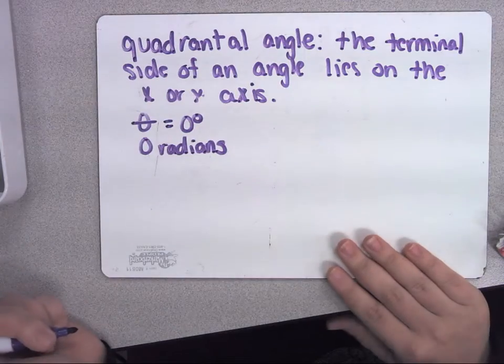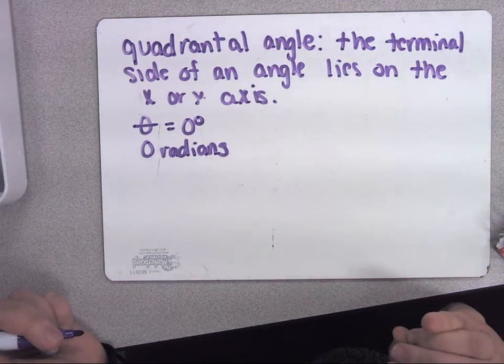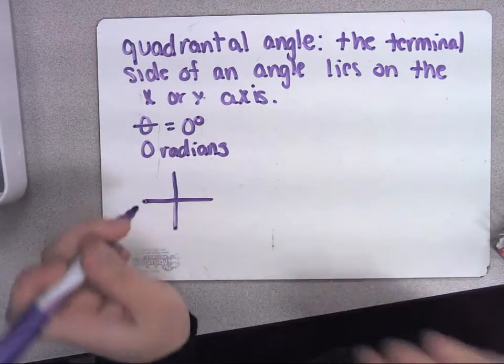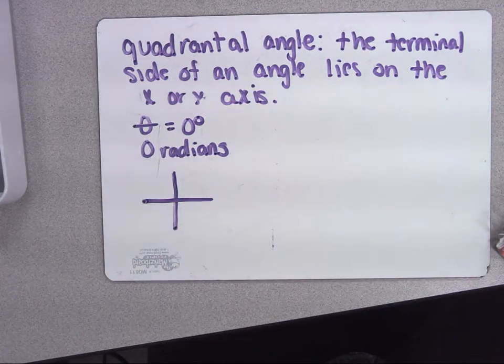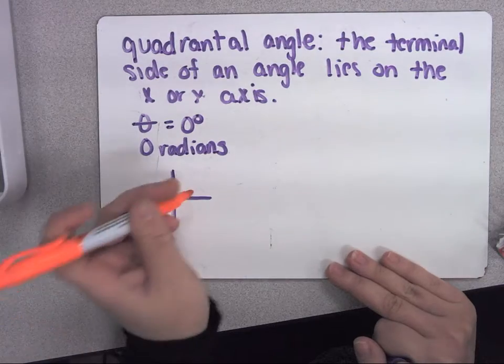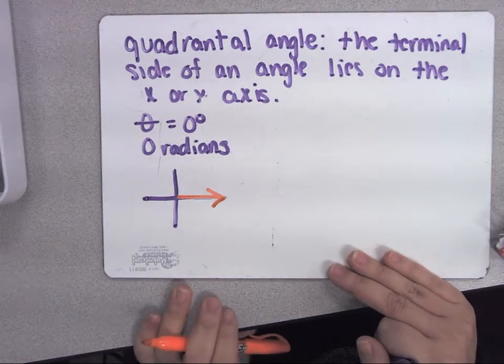Correct, Luke. 0 degrees is also 0 radians. This is what the picture looks like. That means the line is literally where it starts. Obviously, it doesn't move.